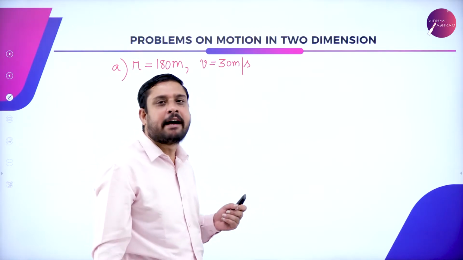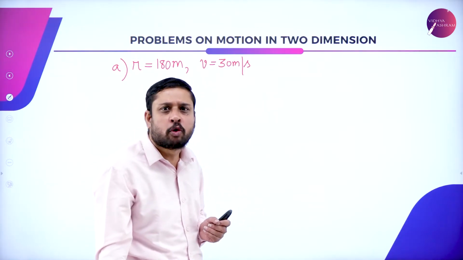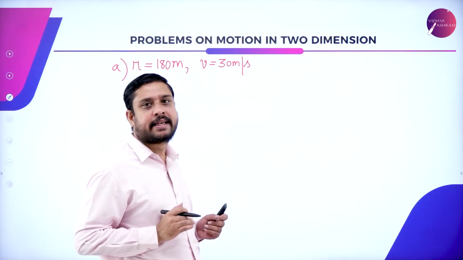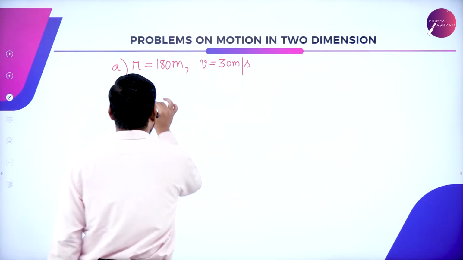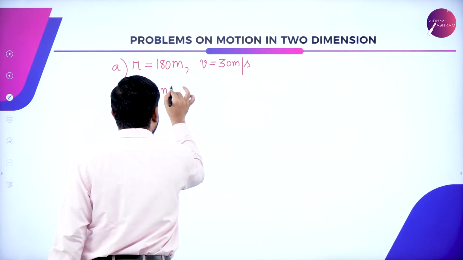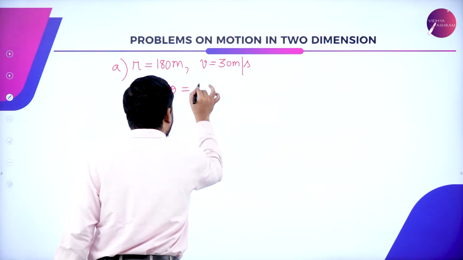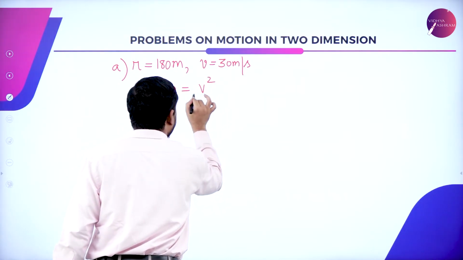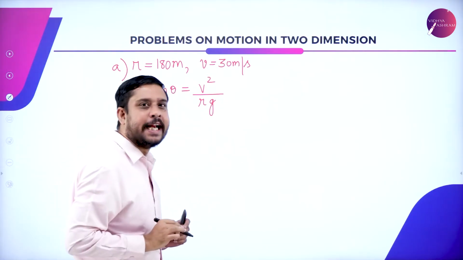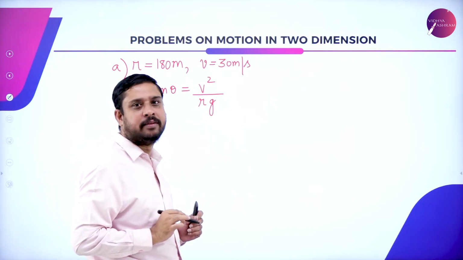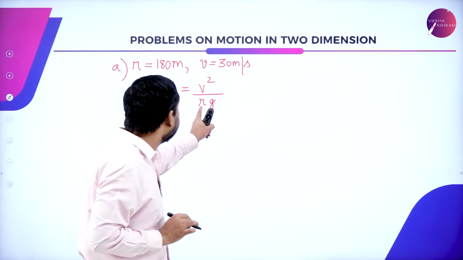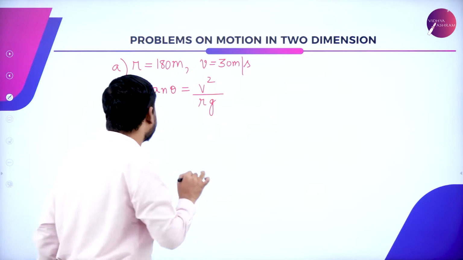Given this data, I have to calculate the angle of banking. So we know that tan theta is V square divided by RG. V is given, radius is known.